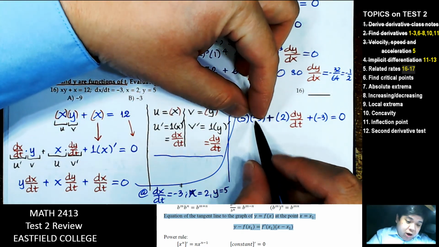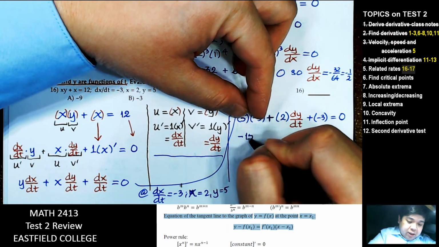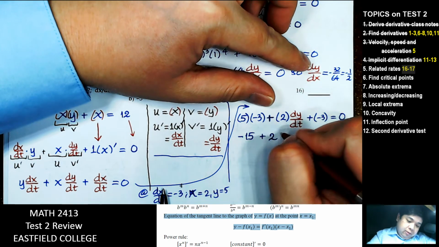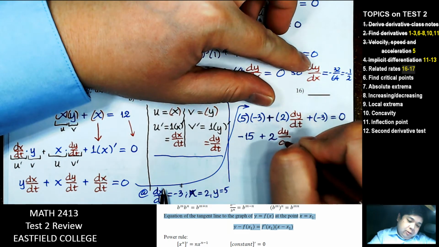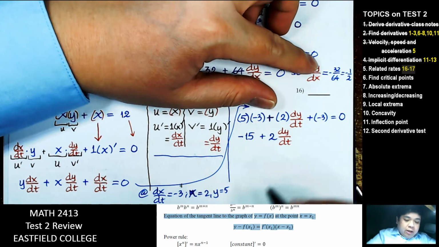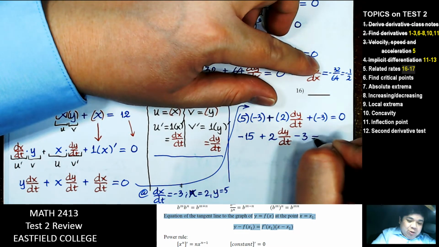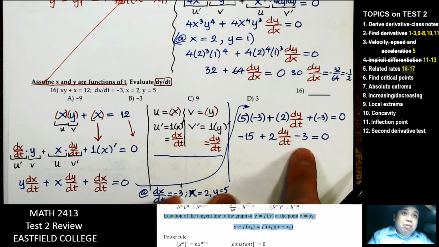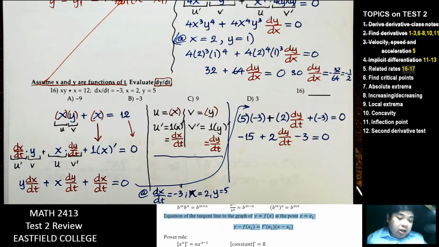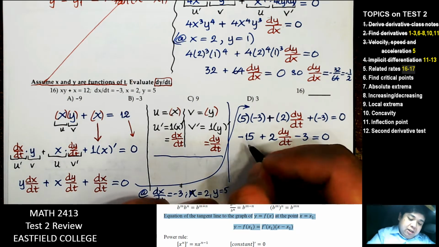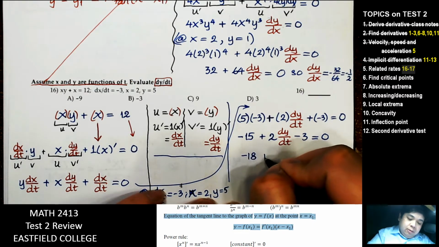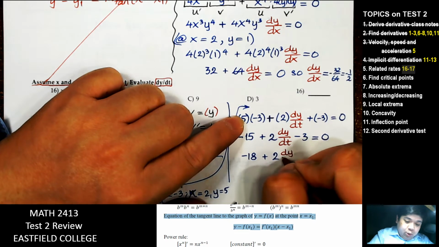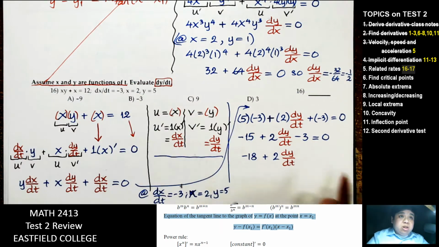So we can multiply here -15 and -3 equal to 0, and then the -15 and -3, those things we can combine. That's -18. Again, the 2 dy over dt we cannot mess with, so just stay like that.